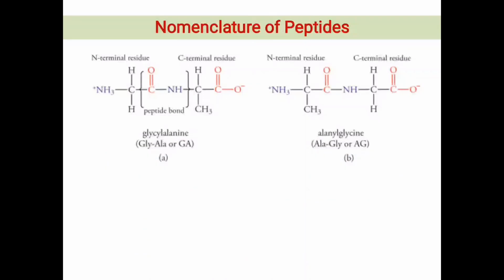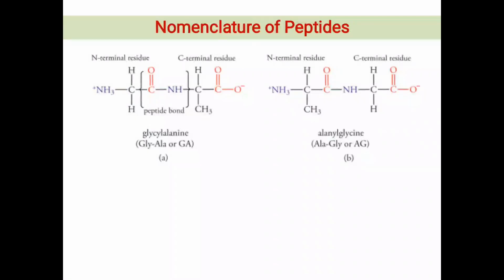Now, after the formation of short peptides or oligopeptides, say a peptide composed of 2 or 3 or more amino acids, up to 9 or 10, they can be named based on the sequence of the peptide. For the nomenclature of peptides, a certain rule is followed. There are two very simple rules.